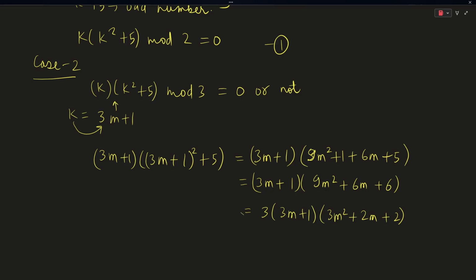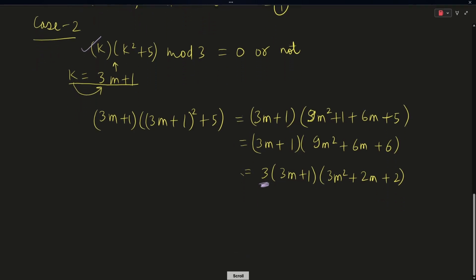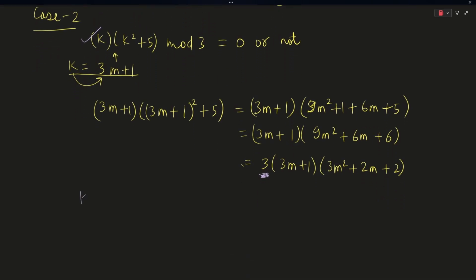That means that on taking the value k is equal to 3m plus 1, the whole value k into k square plus 5 is divisible by 3, as you can see here. Now, instead of 3m plus 1, let's take k is equal to 3m plus 2.